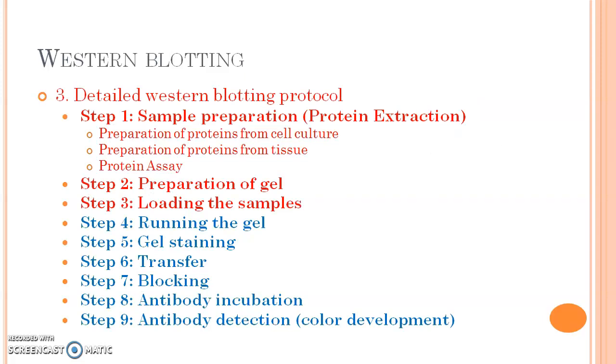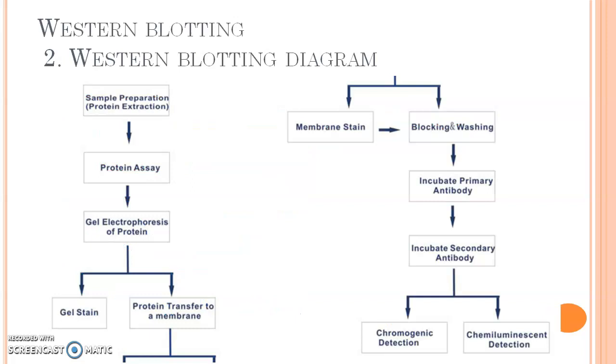Now in this video lecture we will go through step 4 to step 9. Step 4 is running the gel, step 5 is gel staining, step 6 is transfer, step 7 is blocking, step 8 is antibody incubation, and step 9 is antibody detection through the process of color development.